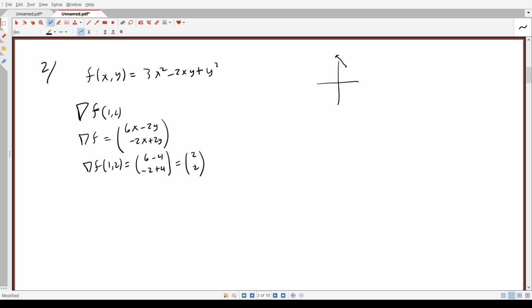Now, I need to normalize it. This is because the question says find a unit vector, and when I do this directional derivative, I want unit vectors, okay? So I need to divide by the norm.